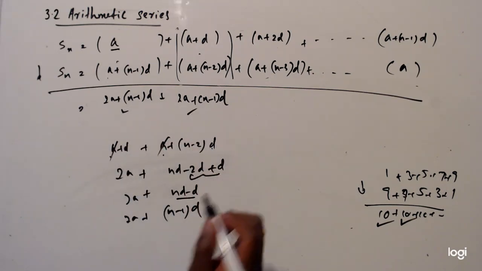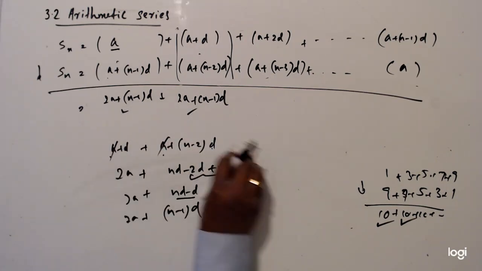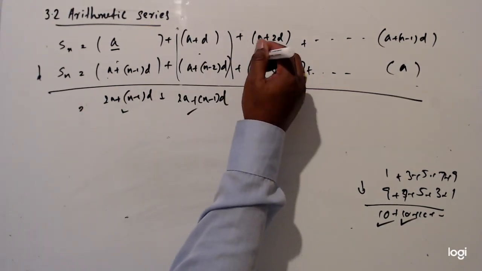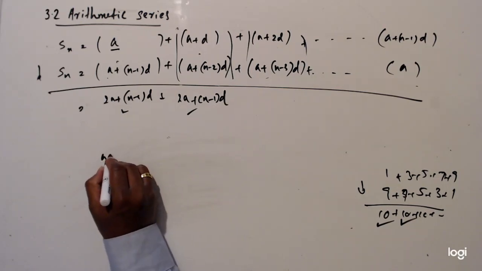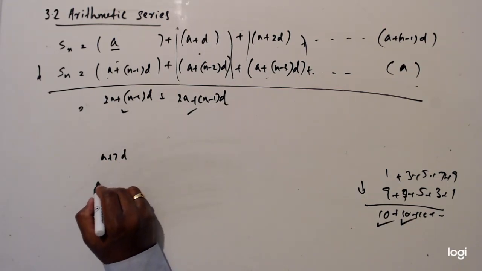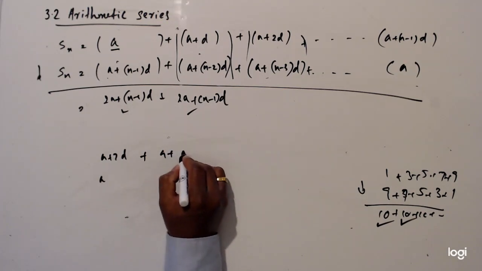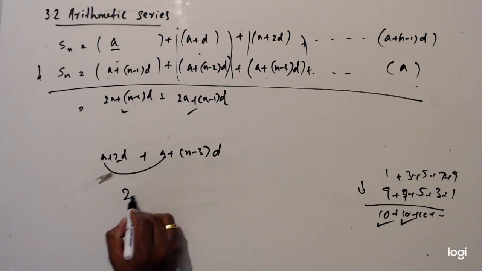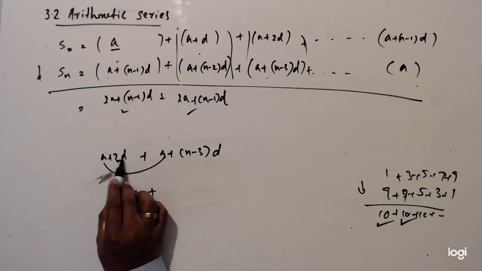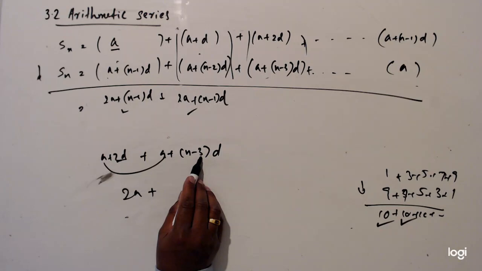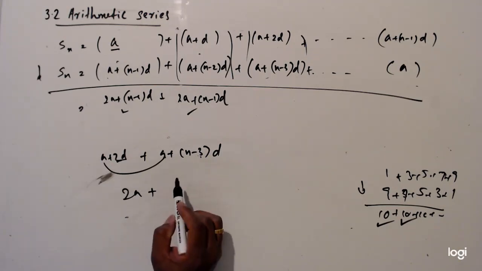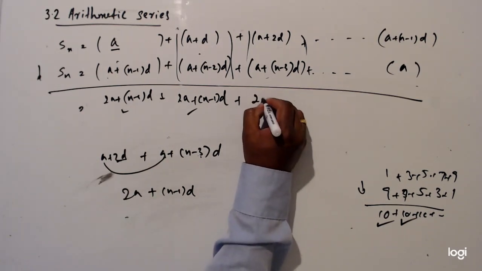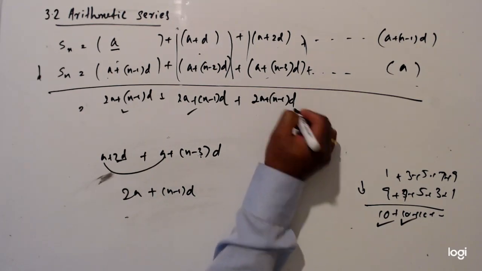And now this one, a plus 2d and a plus n minus 3d. So then this is 2a, and you can see now 2d and this is minus 3d, this cancels out, and n minus 1 d remains. You can expand and see. So this is 2a plus n minus 1 d.